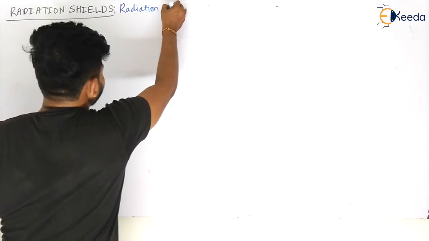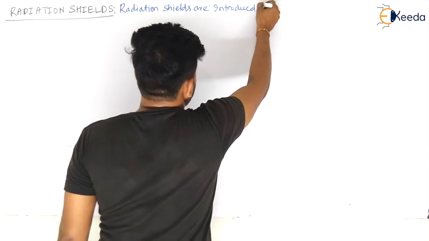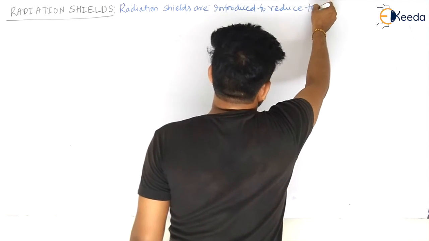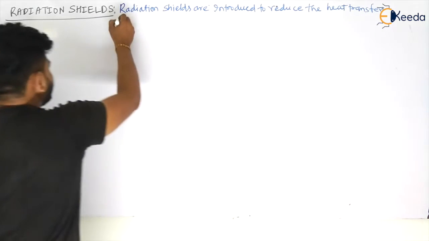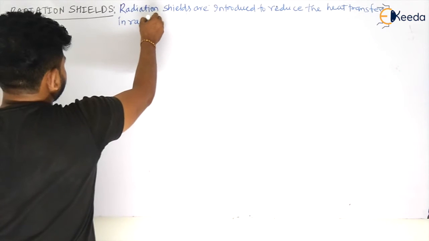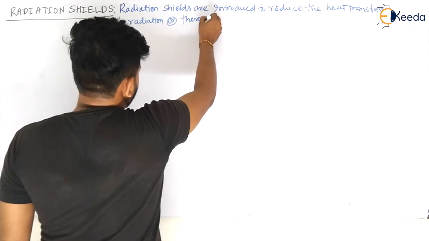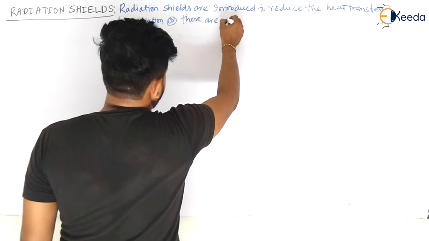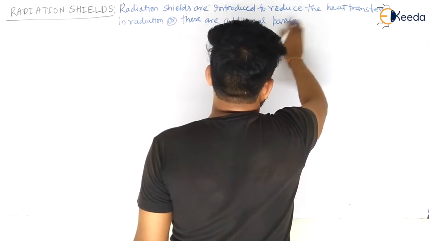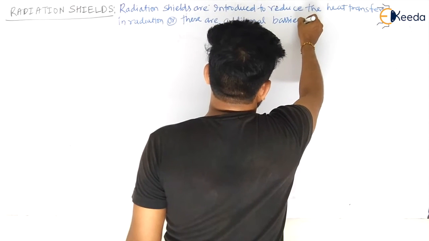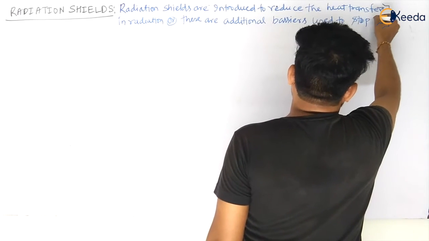Radiation shields are introduced to reduce the heat transfer in radiation, or we can also say that these are additional barriers used to stop radiation.